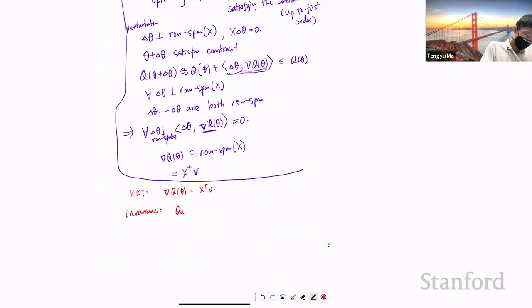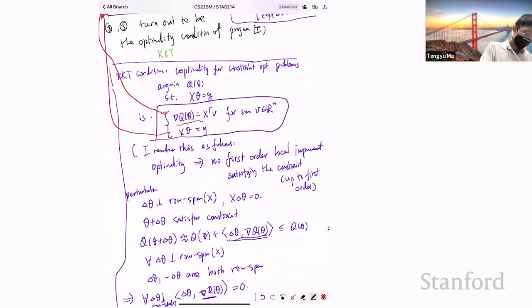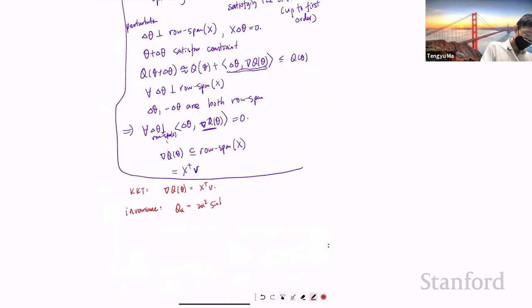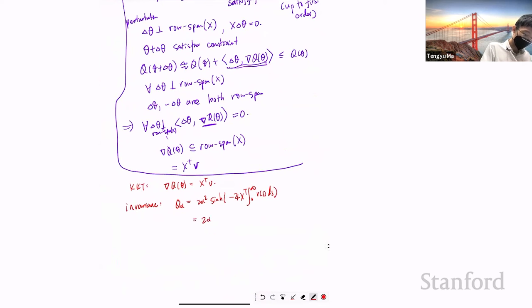So theta of alpha is equal to 2 alpha squared sinh. First of all, let's rewrite this, to simplify, as X transpose times V, maybe V prime, let's say, because what V is doesn't matter.